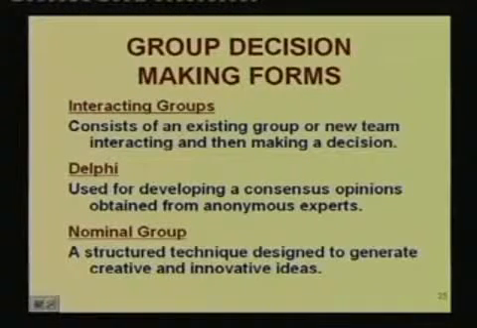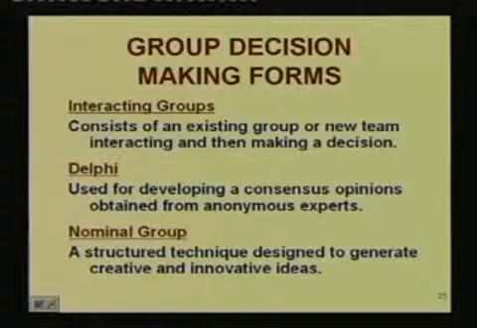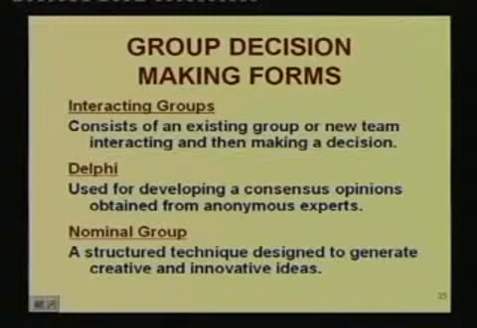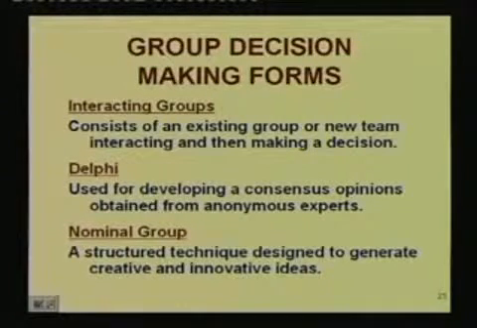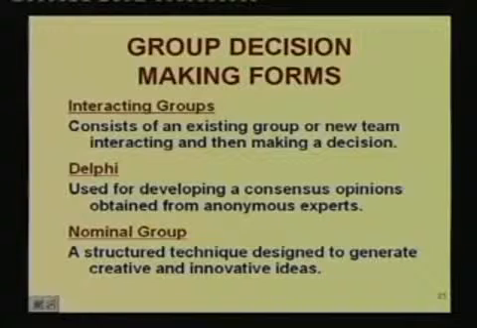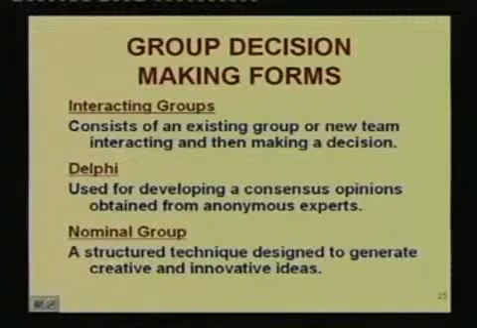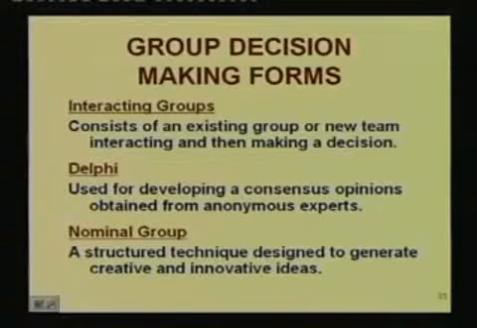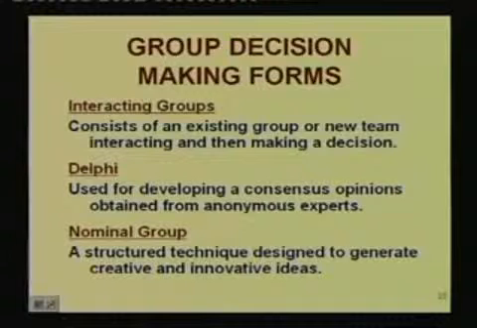Now let us see certain interesting points about the group decision making forms. We discussed three essential group decision making forms. The first one is interacting groups. Here we have an existing group or new team interacting and then making a decision. Then two other methods.